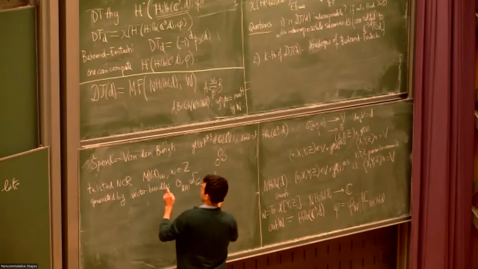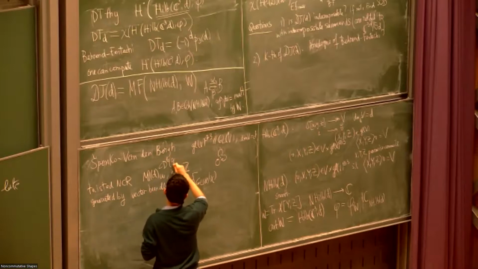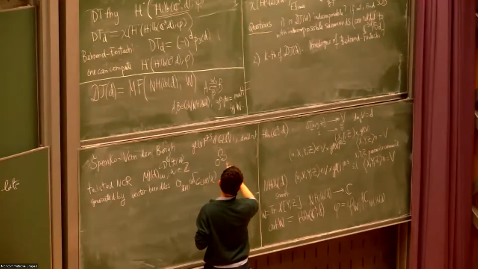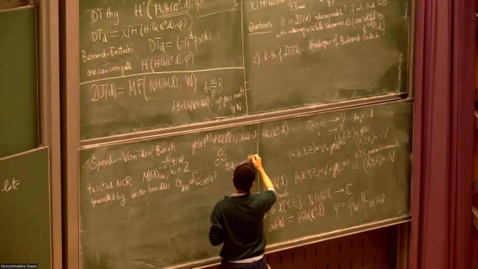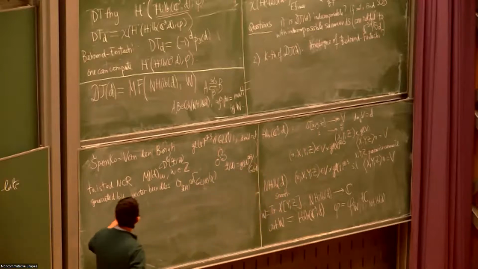I should have said that this is a subcategory inside D^b of X_D. This X_D is the stack of representations of this quiver, so it's GL_D plus 3 mod GL_D.